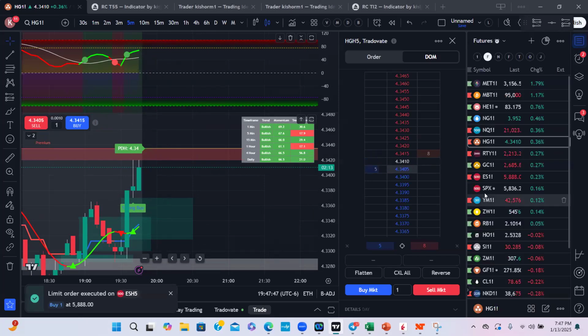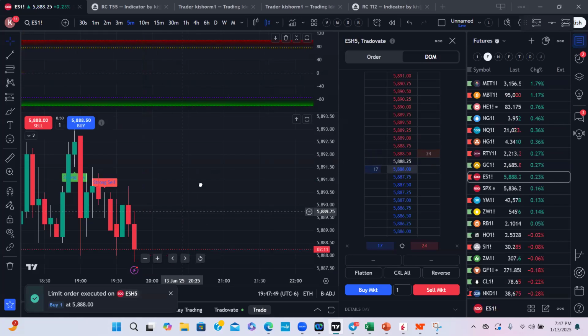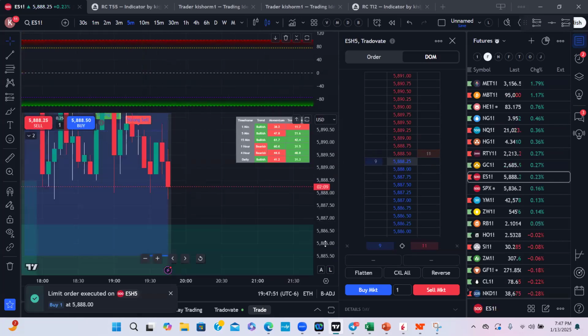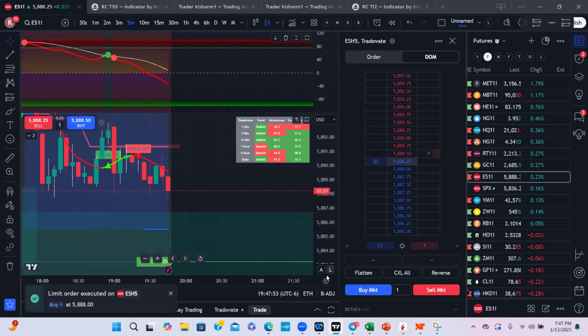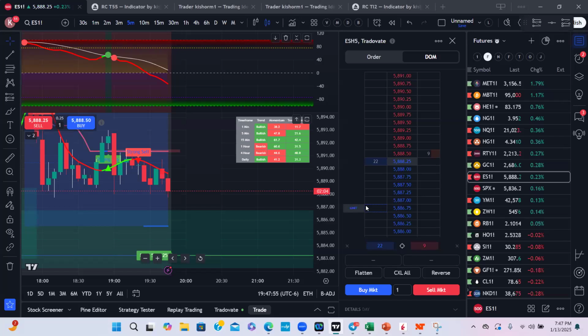ES made profits. It completely came all the way down, and the position got closed automatically. So again, like this, if you spend 1 hour, you can make $300-$400 with one contract.